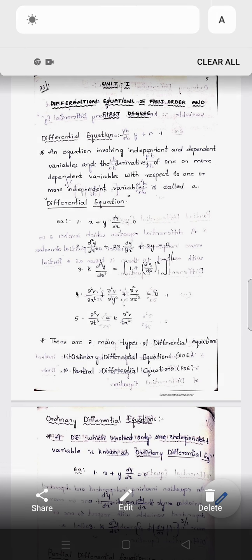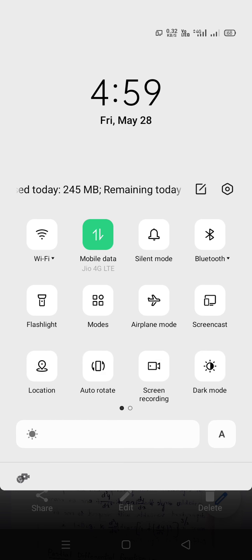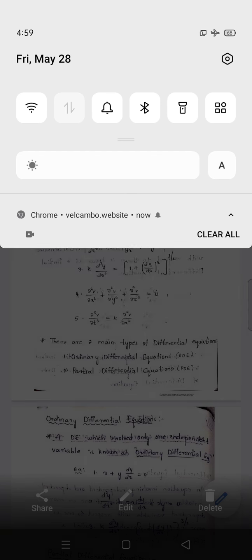An equation involving dependent and independent variables and the derivatives of one or more dependent variables with respect to one or more independent variables is called a differential equation.